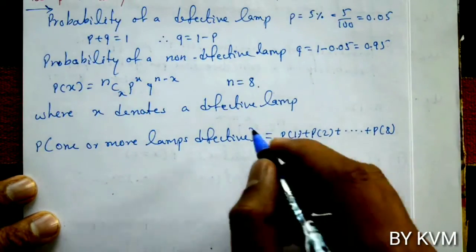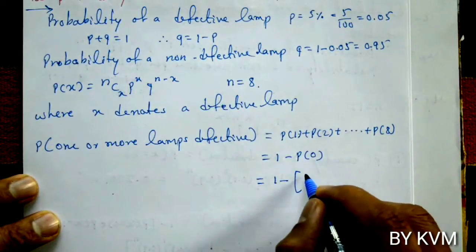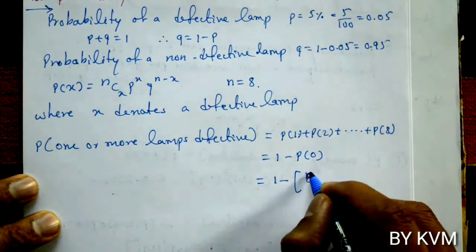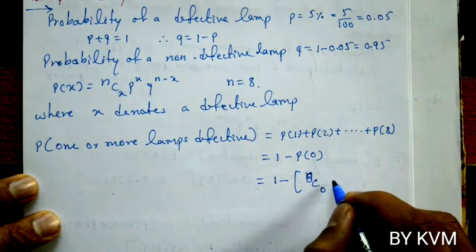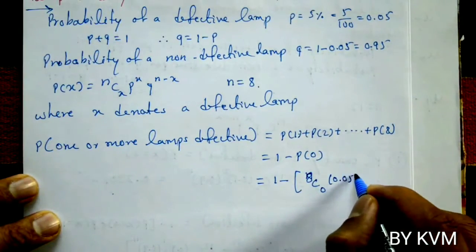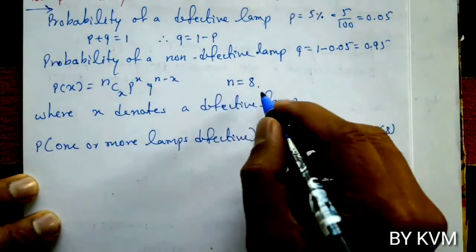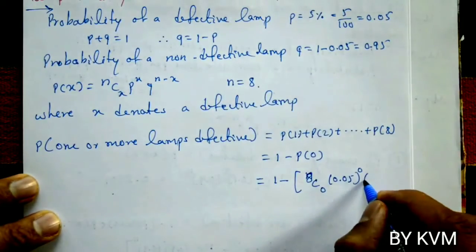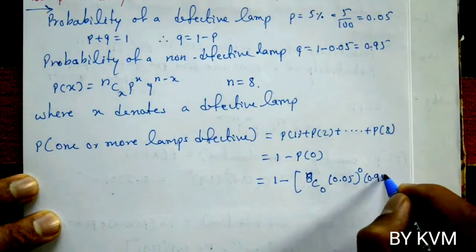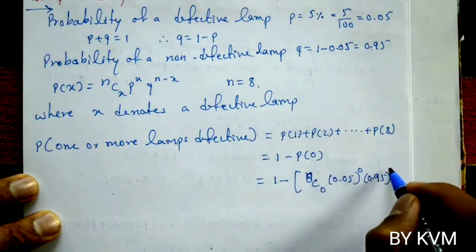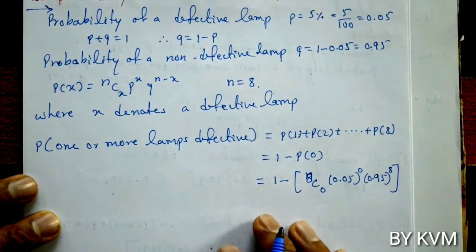So that is equal to 1 minus P of 0, which means x is 0, and n is 8. So 8C0, P power x, that is 0.05 power 0, Q power n minus x, so that is 0.95 whole power 8 minus 0, that is 8.